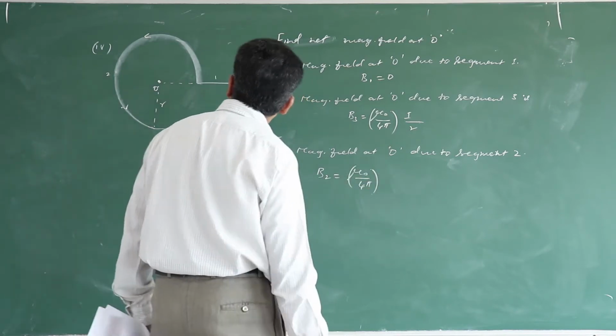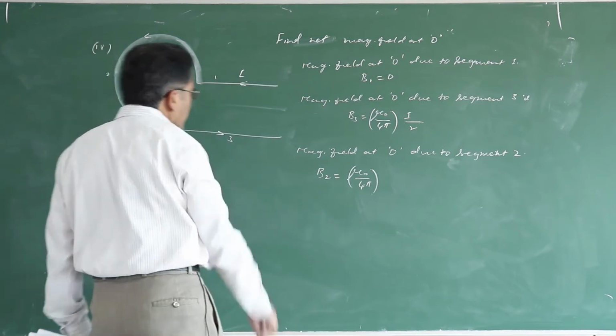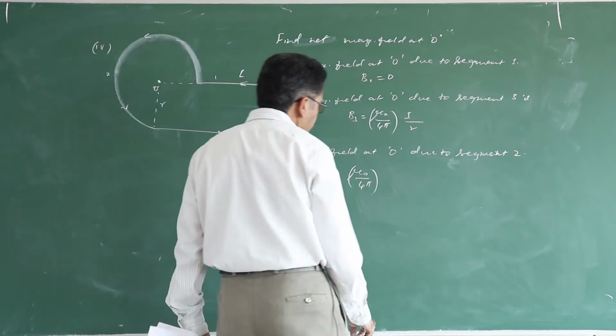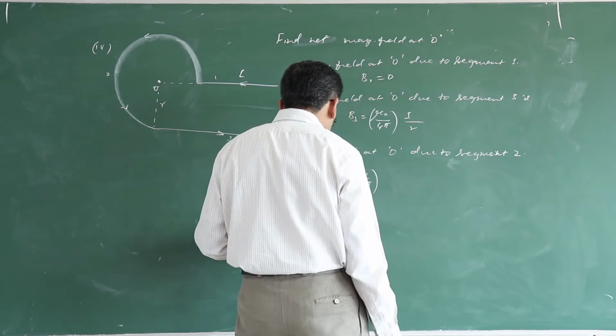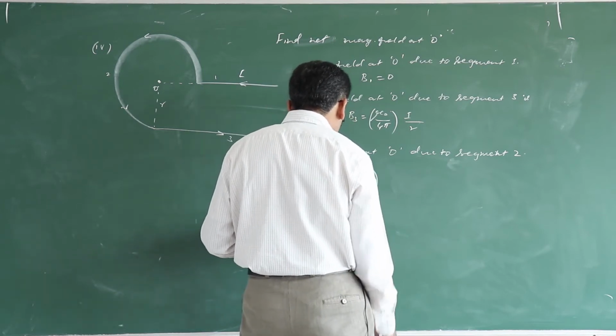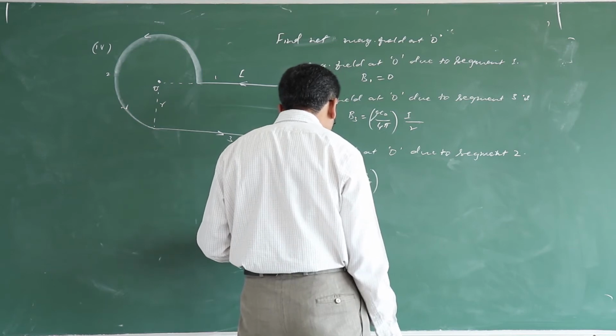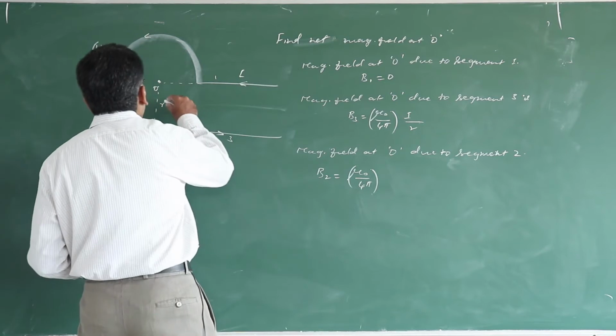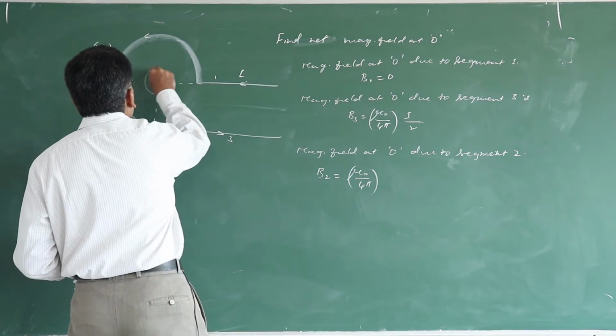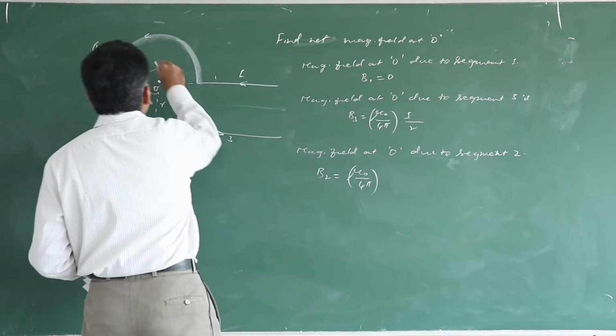See, here we have to take 3/4 of the length of the segment. See, therefore, what is this angle? This angle is 3 pi by 2.